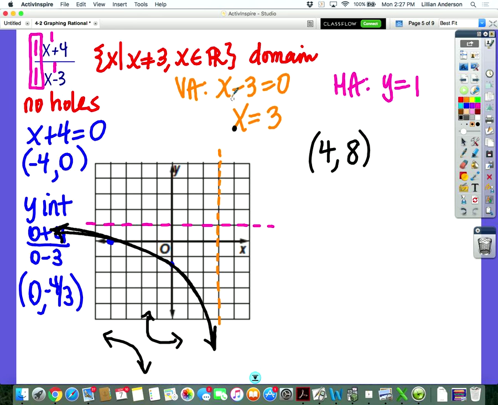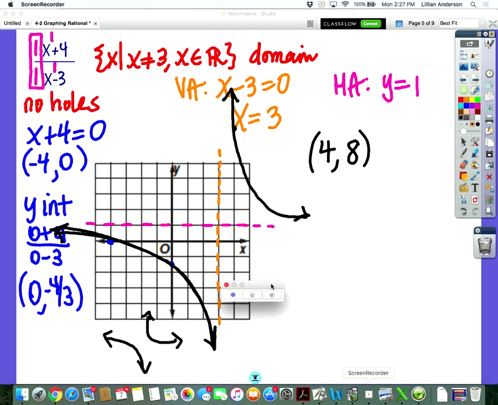So that lets us know that the other branch is in that section right there. Questions on how this graph was developed? You find all the properties, and then you put it on a graph and connect it with a smooth curve. Go ahead and get this into your graph, your picture, glue it in, and get ready for the next one.